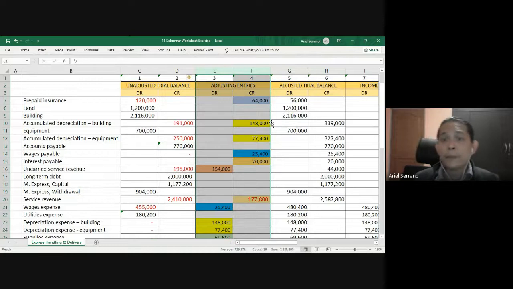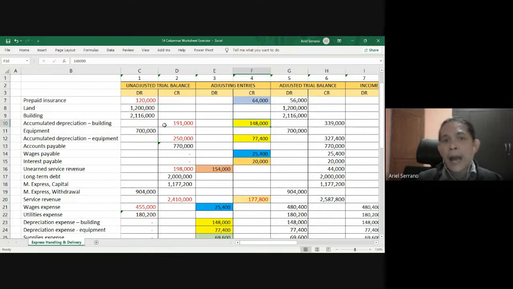So it's the opposite. If we have a credit balance of 339 and there is a credit adjusting entry, we have to subtract for us to get the unadjusted trial balance. Okay? I hope you see my point and you understand what I am referring to.